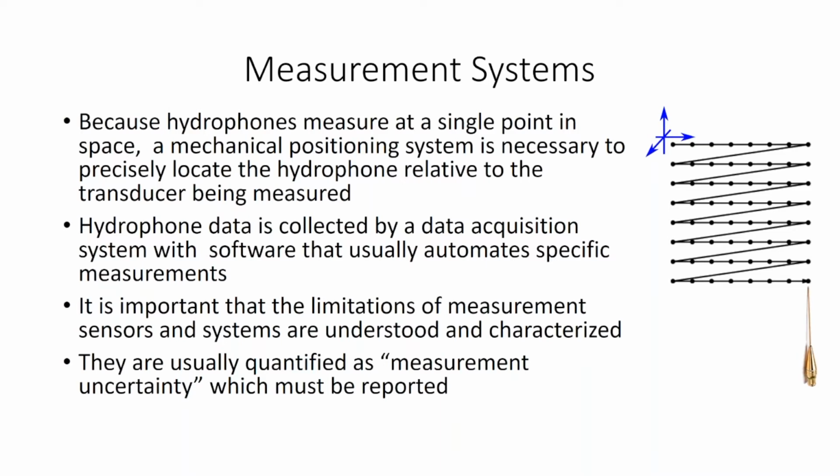It is important that the limitations of measurement sensors and systems are understood and characterized. These limitations are quantified as measurement uncertainty, which must be reported as part of reporting the acoustic data.